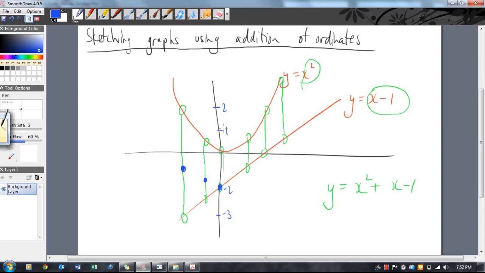And we'll just keep doing it. For every y value, we just add them together. Here, let's say it's positive 1. Here, it's negative 1. If you add those two together, you get 0. So in there. Here, you've got 0. Here, you've got 2. Add them together, you get 2.